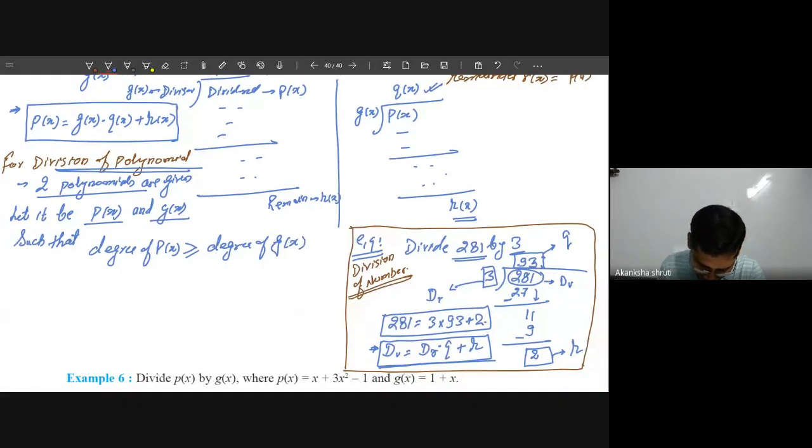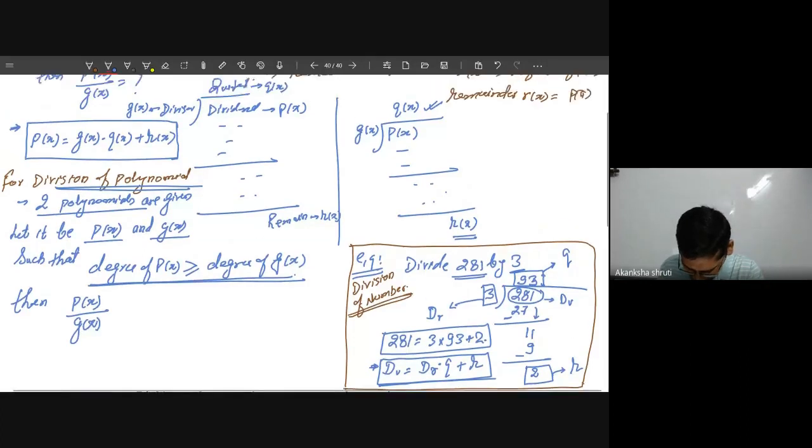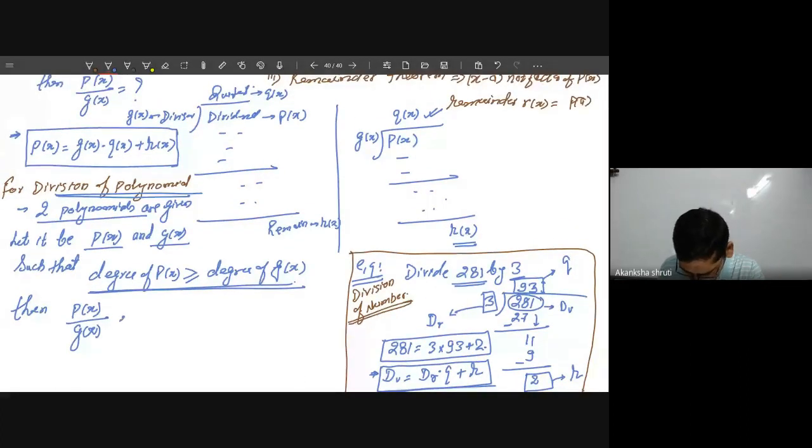If this condition is satisfied, then only we can divide px by gx. So for px to be divisible by gx, the degree of polynomial px should be greater than the degree of polynomial gx.